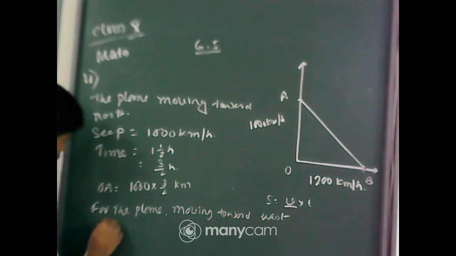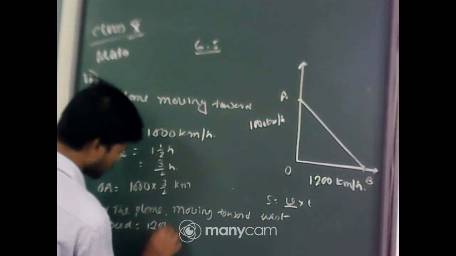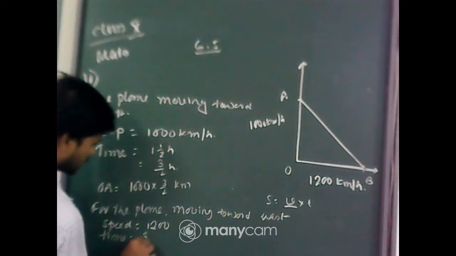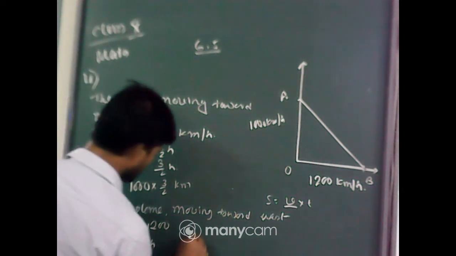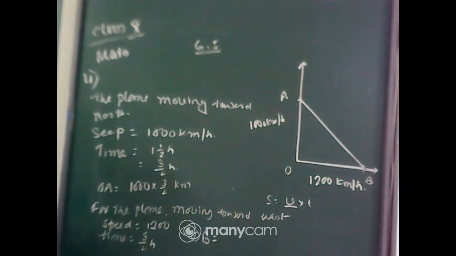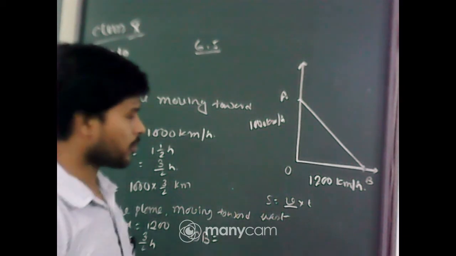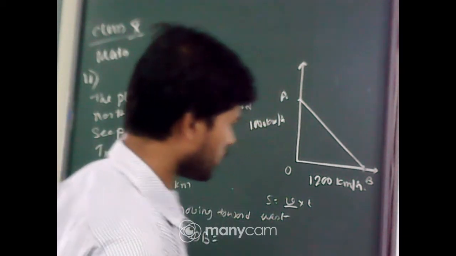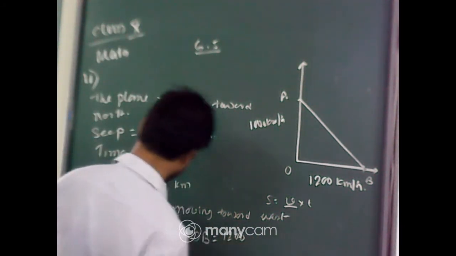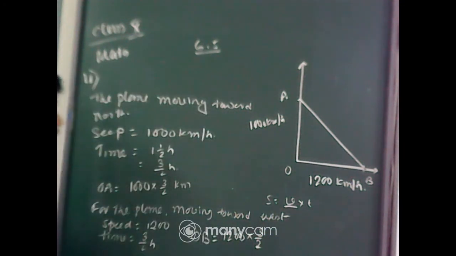Okay, so its speed is equal to 1200, time is equal to the same 3 by 2 hours. So its distance, meaning OB, covered by the plane in 3 by 2 hours will be 1200 into 3 by 2.